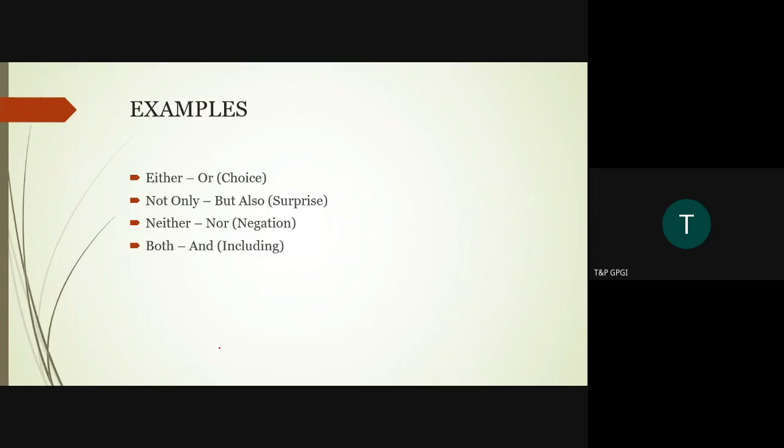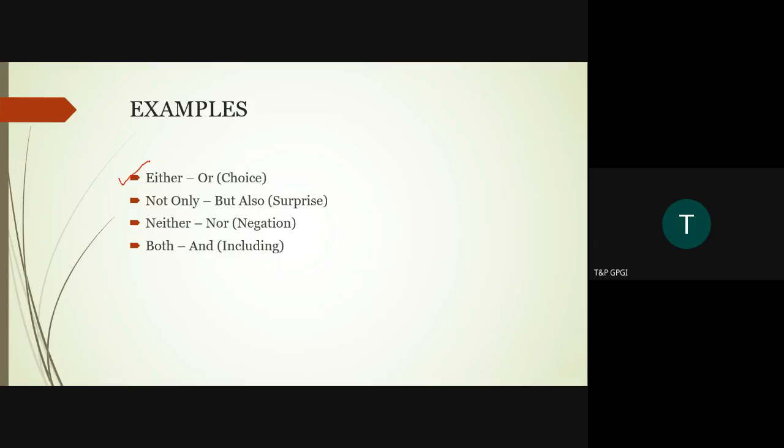Examples are like I've written here. We'll start with either, or. Just think of it as a choice. If in a sentence you are given a choice, that means it is going with either or, and it should be a positive choice. For example, that's a funny but interesting one: either you pay me the money back or I'll break your legs.